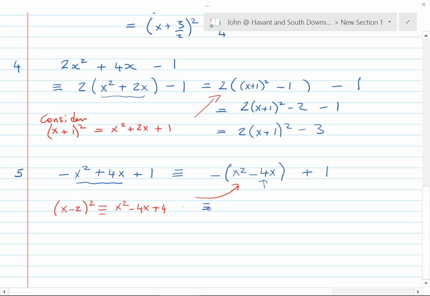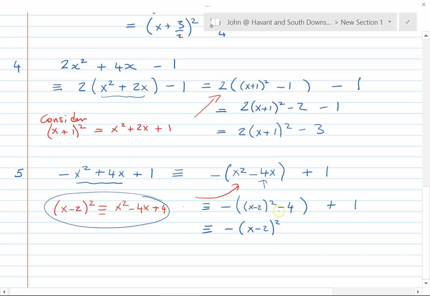So going back to putting that in this bit here, I get negative, don't forget, negative, plus whatever I do with my completed square, plus the 1 at the end. Well, x squared minus 4x using this can be replaced with x minus 2 squared, take away 4. So that gives me, now multiplying out the negative, I get negative x minus 2 squared.